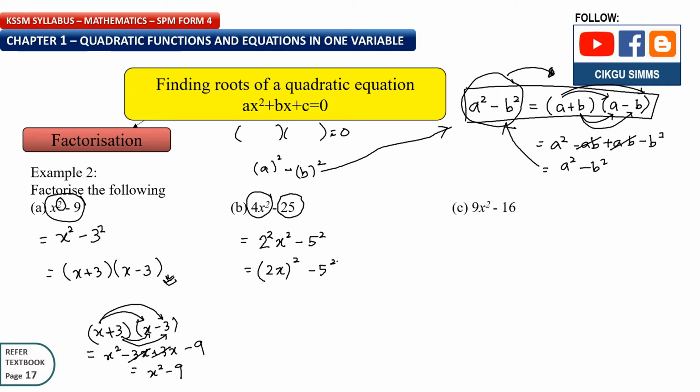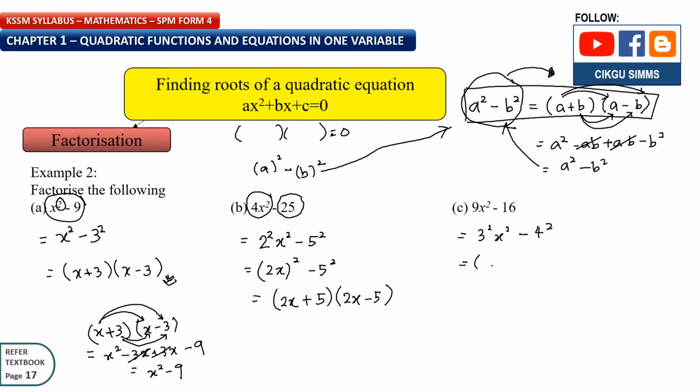So it's something squared minus something squared, right? So you can make it two brackets: (a plus b)(a minus b). Okay, the third question is also the same. 9, you make it 3 squared. 16, you make it 4 squared.